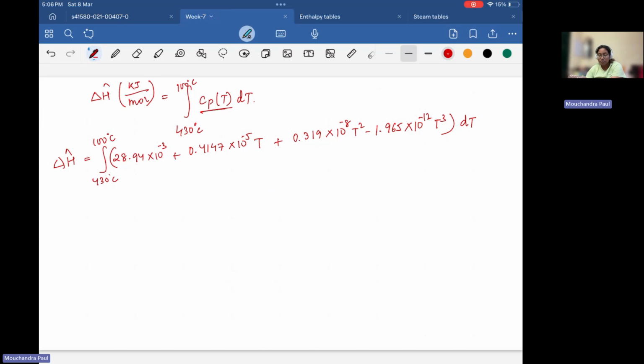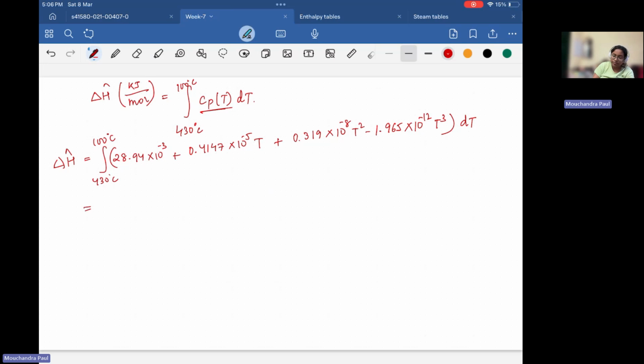If you integrate over this range, you can easily do the integration. All right, it is not that difficult. It's a simple equation, and T values will be respectively added here. But let's do it.